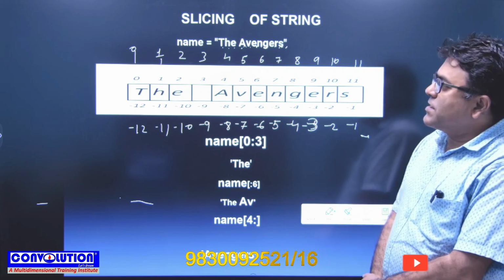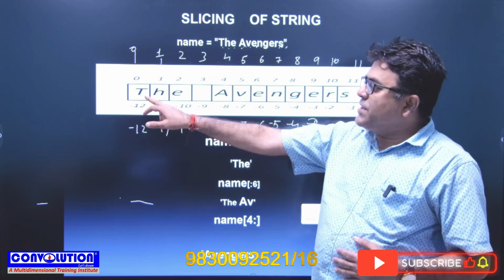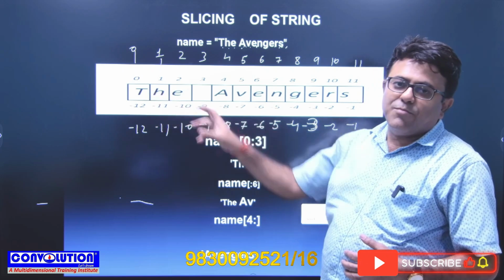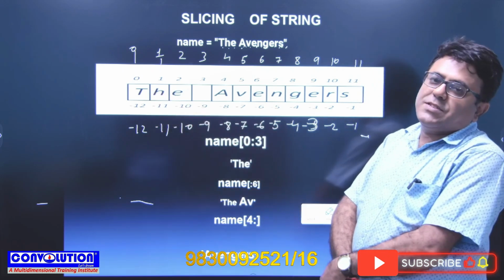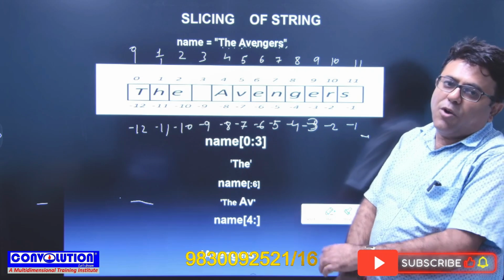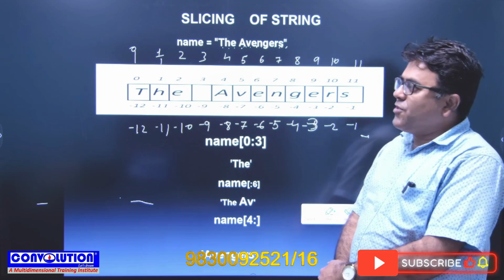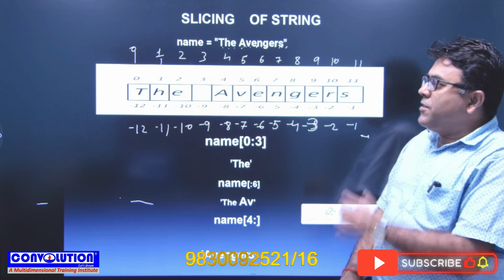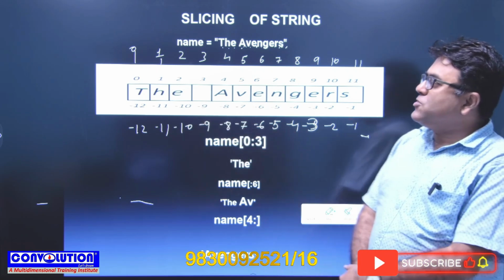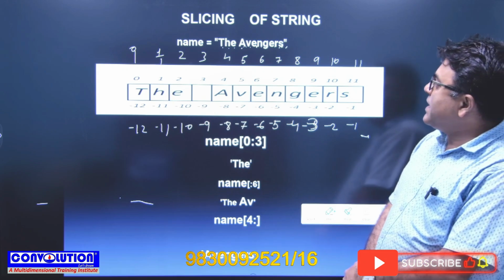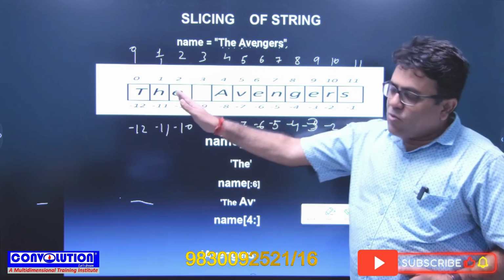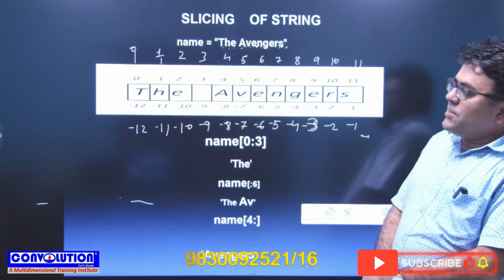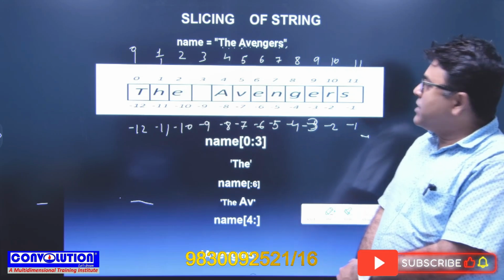Remember, the counting of this is known as a subscript or a block. This subscript or block is going to start from 0, not from 1. So I am starting it from 0: 0, 1, 2, 3, 4, 5, 6, 7, 8, 9, 10, 11. Going from left to right, it is 0 to 11.